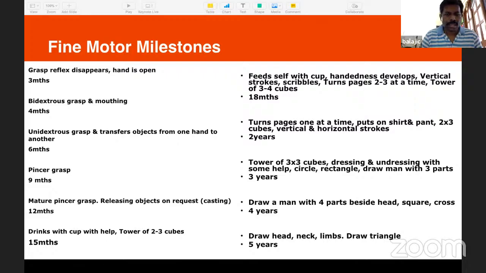Feeding self with help is 15 months, without help 18 months, handedness 18 months, and scribbling by 18 months. Then vertical strokes by 2 years, and the tower of 2 into 3, which is 6 cubes, at 2 years; tower of 3 into 3, 9 cubes, by 3 years; draw a rectangle by 3 years, and draw a square by 4 years.